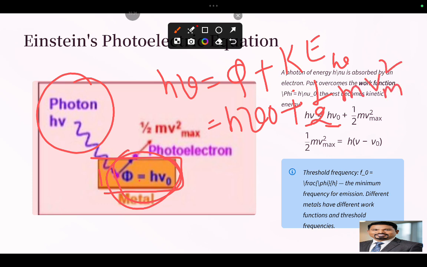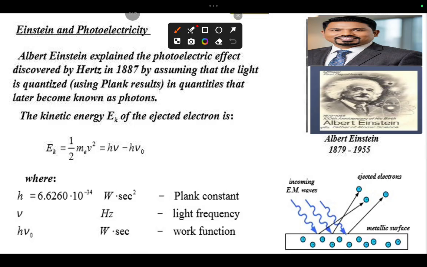After reshuffling, 1 by 2 mv square max equals h nu minus h nu naught, which is h of nu minus nu naught. Here h is the Planck constant, 6.6 into 10 to the power minus 34 joule second. Nu is frequency in hertz, and h nu naught is in joules.